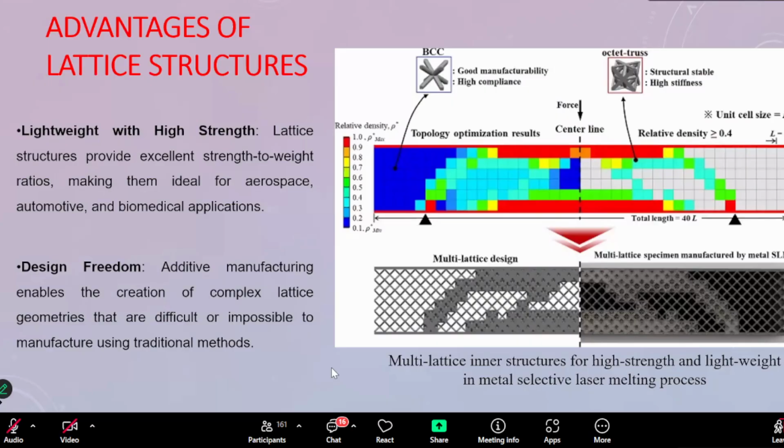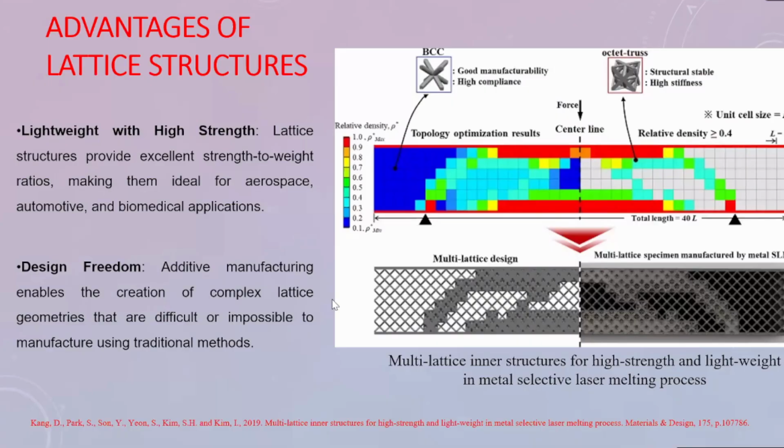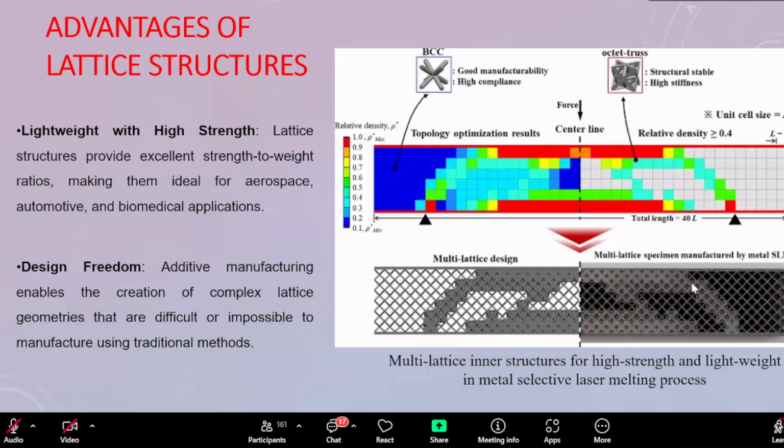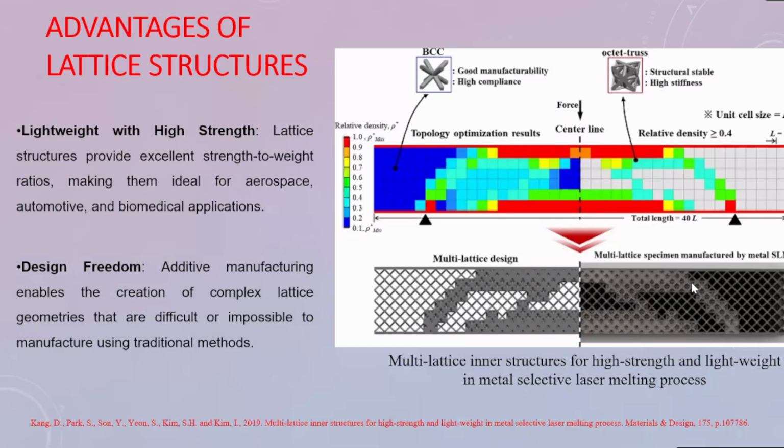So these are the current areas of research where people with knowledge of analysis have been working over a period of time to optimize the weight, and combining this with additive manufacturing to make some innovative products for the market. And then we can have design freedom, because the main concept of additive manufacturing is design flexibility.